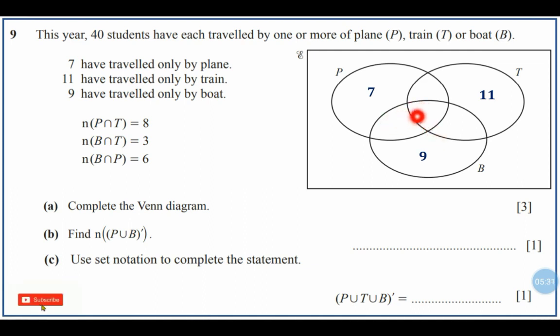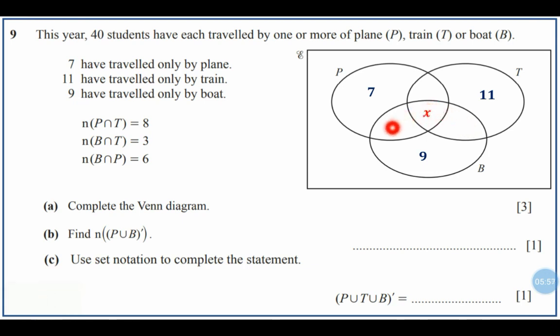But do you know the value of the one in the center? We don't, so I have to make that x. We don't have any idea, but we know that x plus this is equivalent to 8, x plus this is equal to 3, x plus this is equal to 6.